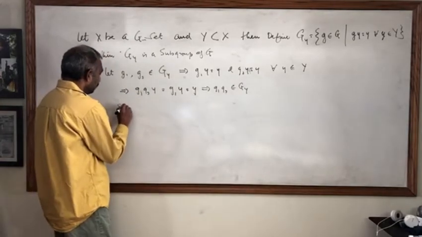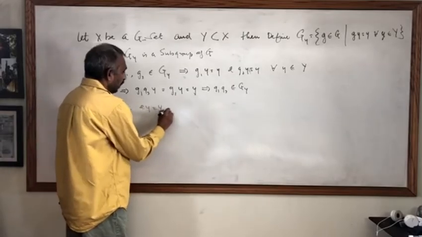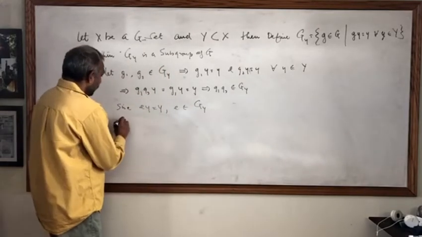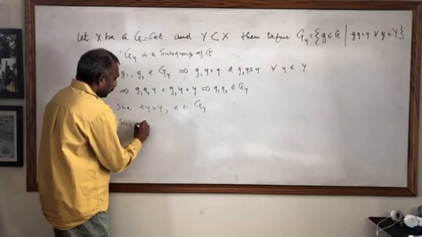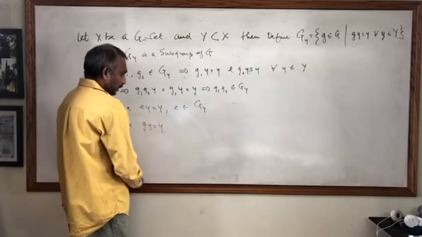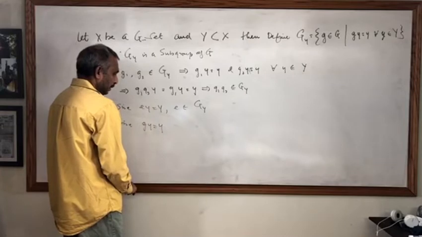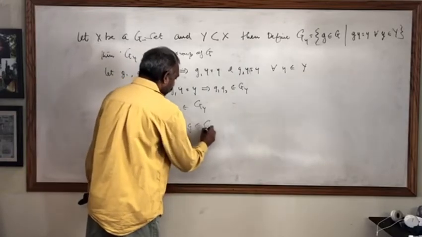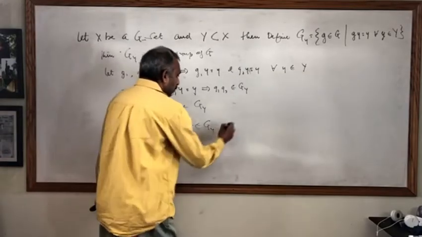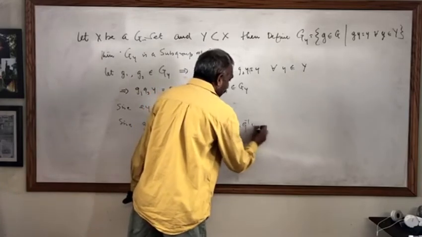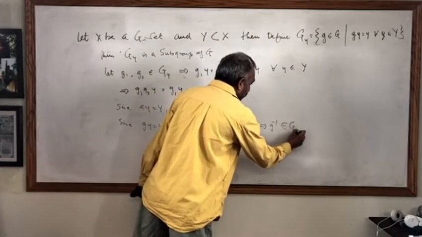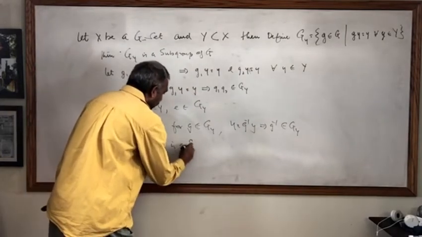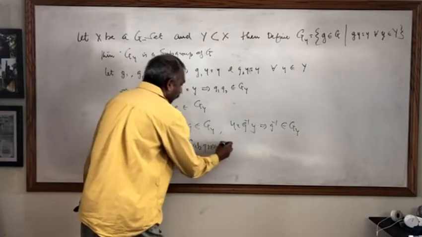Now since e y is equal to y, e belongs to Gy. And since gy is equal to y for g in Gy, y is equal to g inverse y implies g inverse also belongs to Gy. And that implies Gy is a subgroup of G.